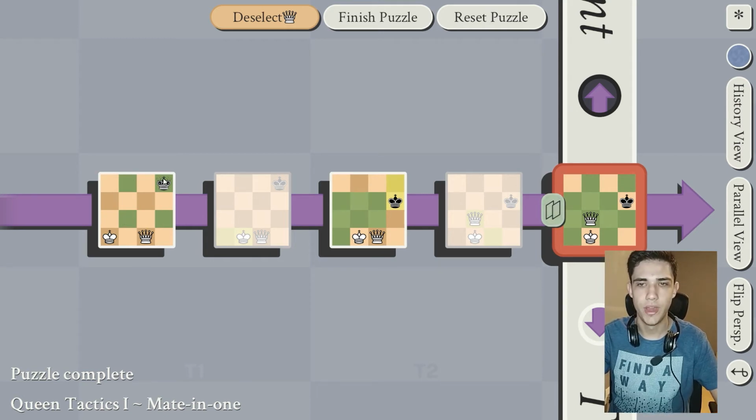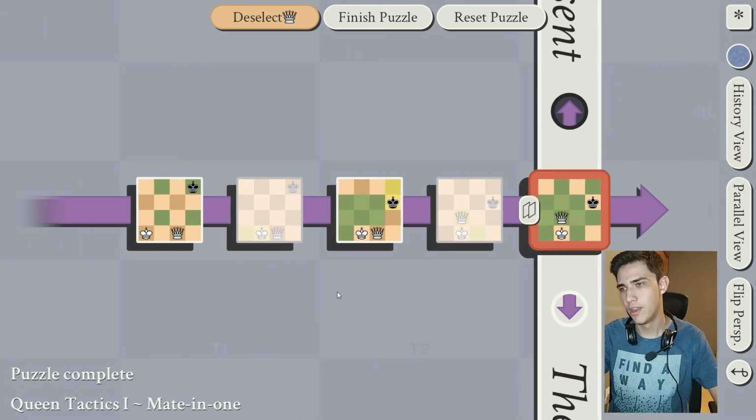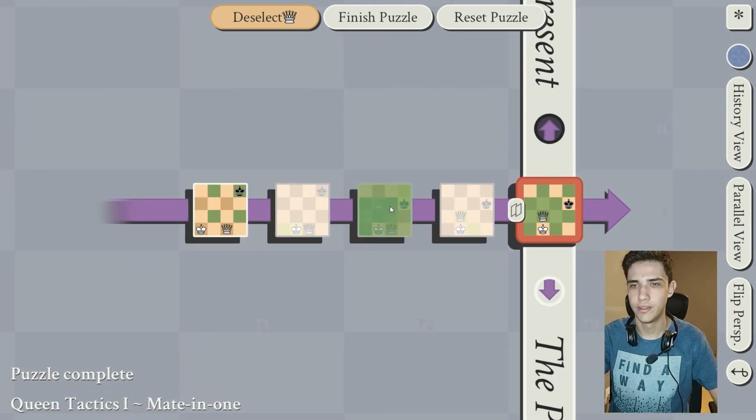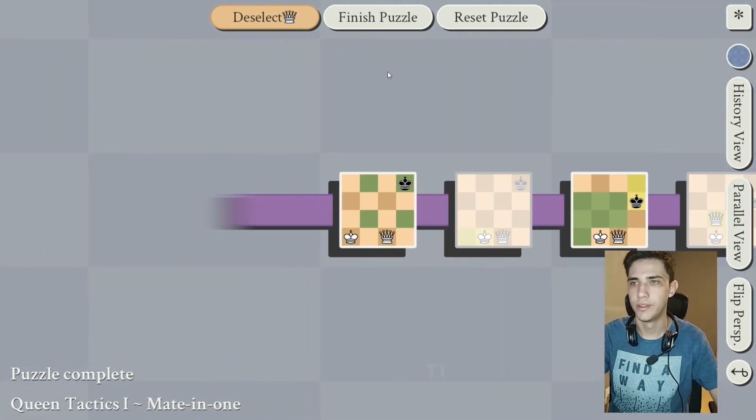Here you can see better that the square increases in size by 1, but it won't fill this square. She can only cover at the maximum 9 squares on the board, in the past board, or on the parallel universes board. So here is checkmate because he can do nothing to stop my queen from traveling to here.